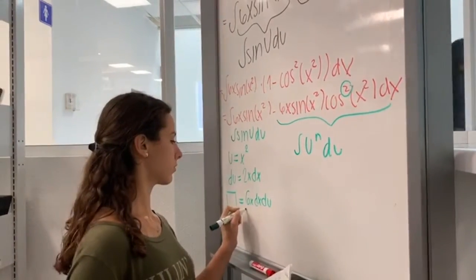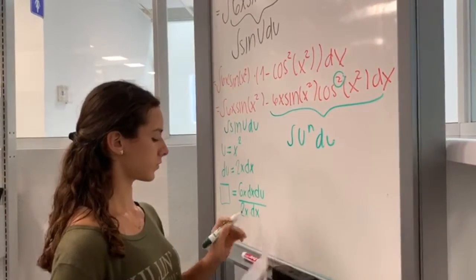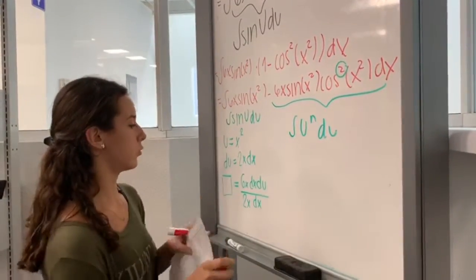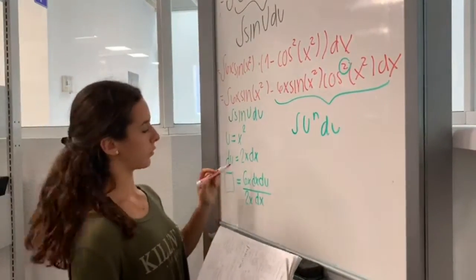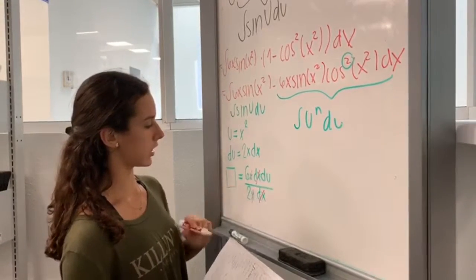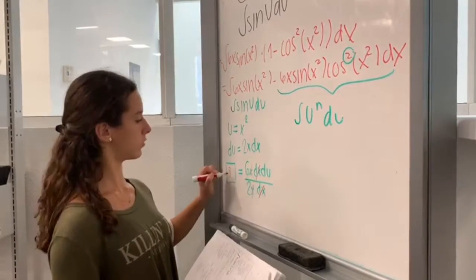And in order to find out the box, we need to divide the 6x dx by our du. So we write down again 2x dx. And we start crossing out the information that cancels. The x cancels with the x, the dx with the dx. And so 6 divided by 2 is 3 du.